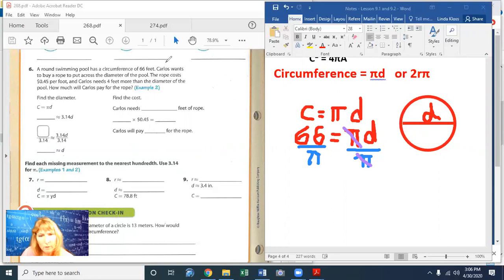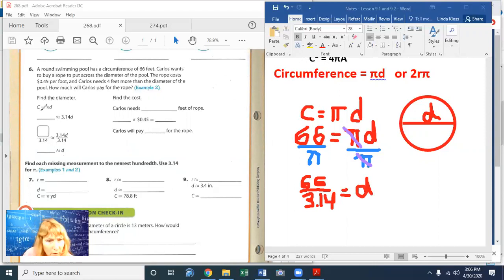So what am I going to use for pi? I can use 22/7, or I could use 3.14. The easier way would be to divide 66 by 3.14, and that will equal d, our diameter. I don't know how they got all these boxes over here.